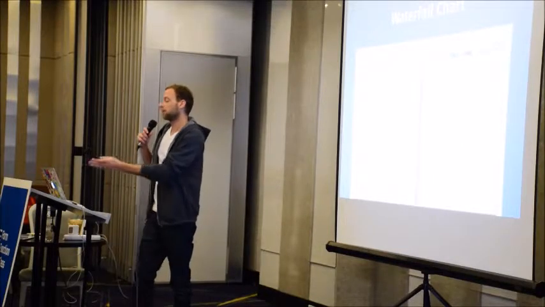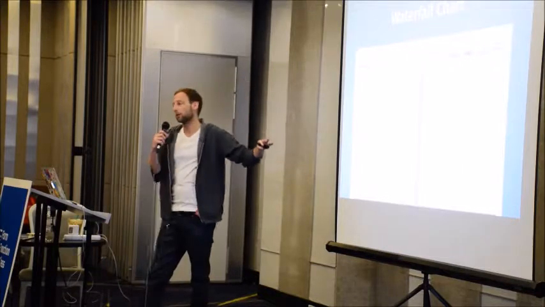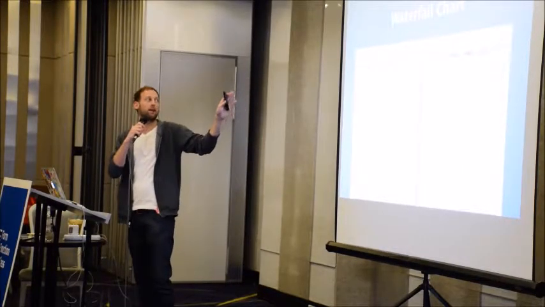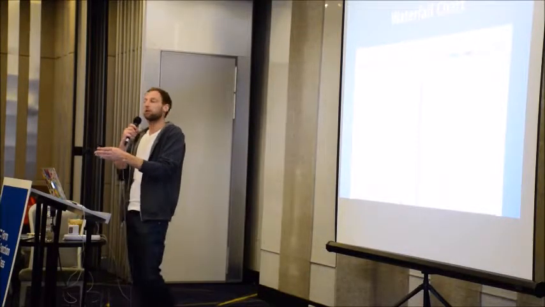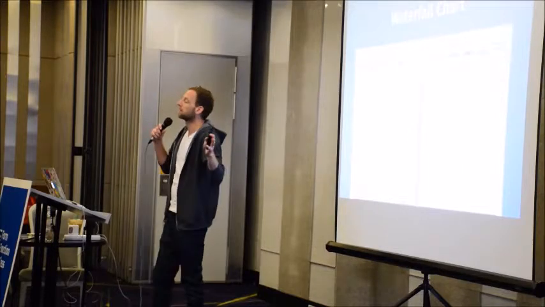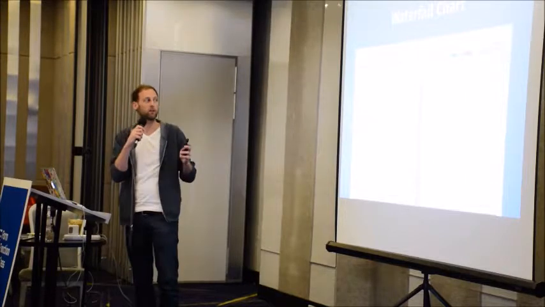Alright, so basically the waterfall chart is a chart that displays all of the resources you have on your site, and it shows what exactly is happening at what point. So again, this is part of what I showed earlier. First you have the DNS request, then the connection, then the SSL handshake if you have a secure site, and so on. And it goes through all the different resource types that you have.